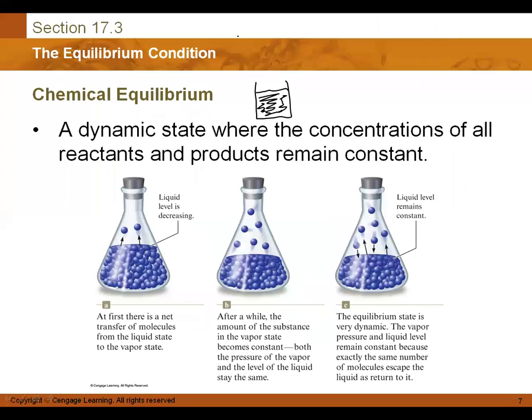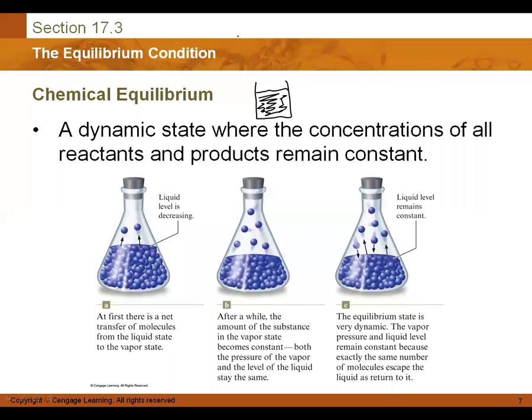You see maybe a change of color, maybe from colorless to red, or from red to colorless. And at some point you just stare at the beaker and nothing much looks like it's changing. You may think, oh, this reaction's all done.